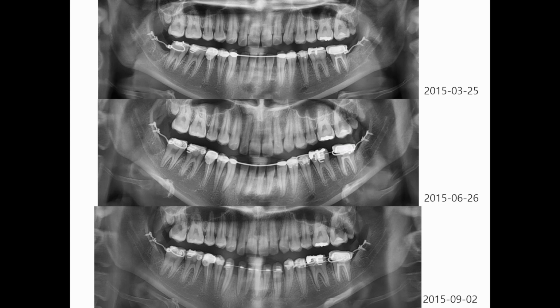But at the beginning, it starts to move back. And someday it will stop. No more movement. Okay? The doctor tried to retract 6 anteriors, but the movement stopped because of bone biology.